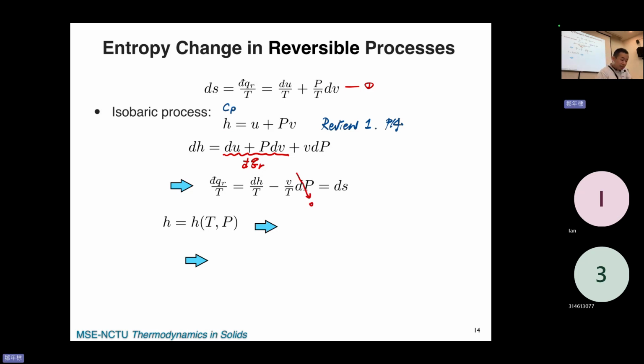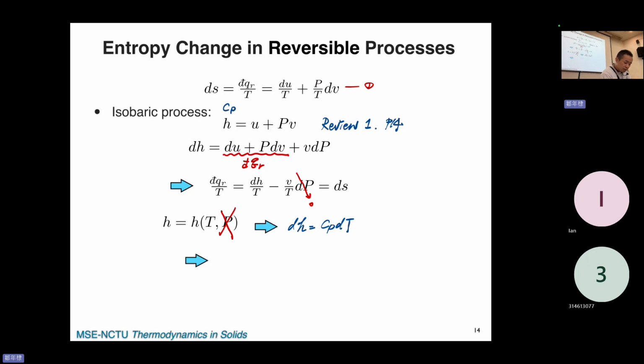So your H equals H. Typically, we say that H is a function of temperature and pressure, right? But now with isobaric, the pressure dependence is gone. So you can say dH equals Cp dT.